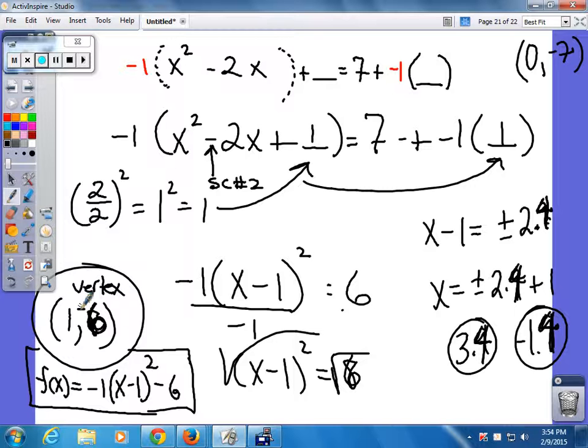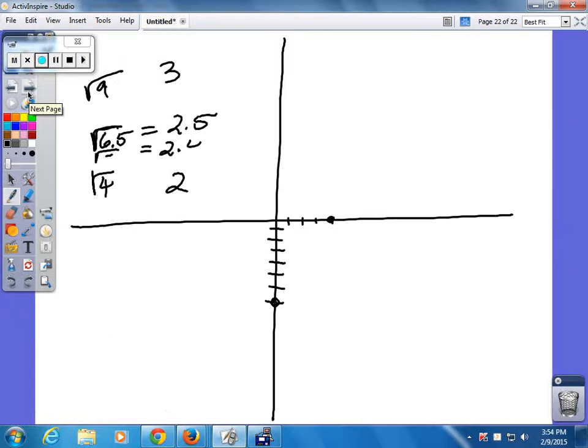No, you do the opposite, and it'll be positive 6, sorry. So negative 1 will be positive, okay. So 1 and 6, 1, 2, 3, 4, 5, 6. Why would it be a negative 6?